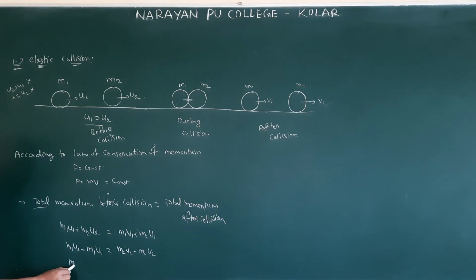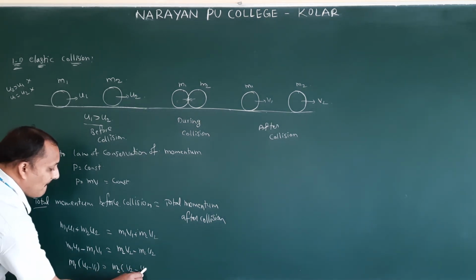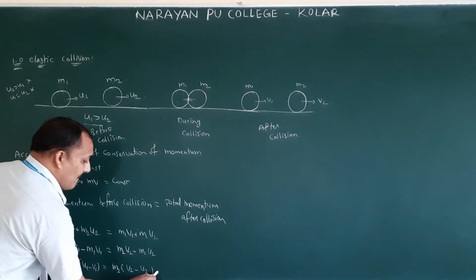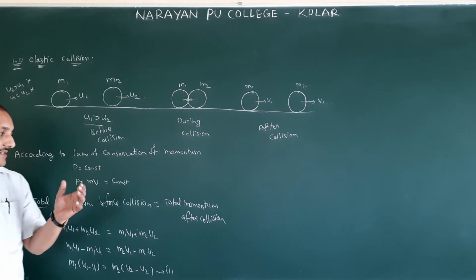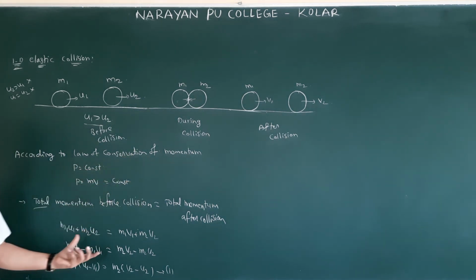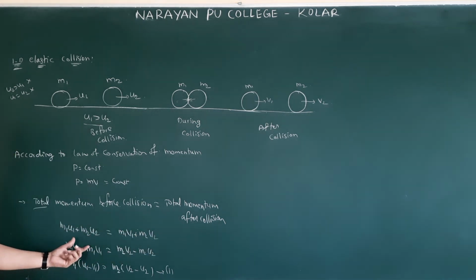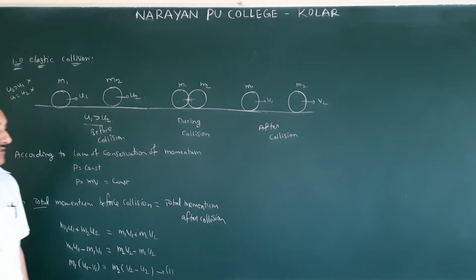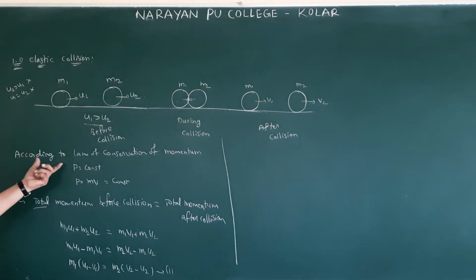Taking common factors: m1 (u1 minus v1) equals m2 (v2 minus u2). Call it equation number 1. This is not 3 steps, only 1 step. That is according to the law of conservation of momentum: total momentum before collision, total momentum after collision. Later we separated the m1 terms and m2 terms and took the common factor. Understood? So momentum conservation is over.